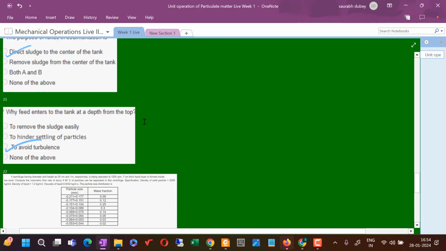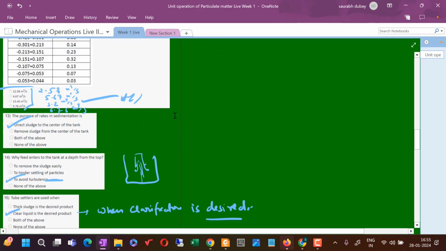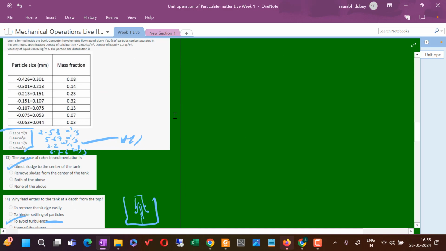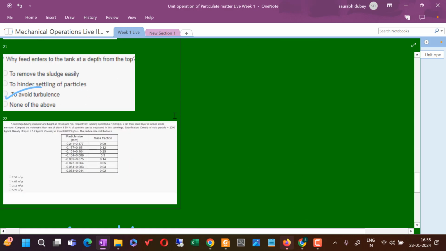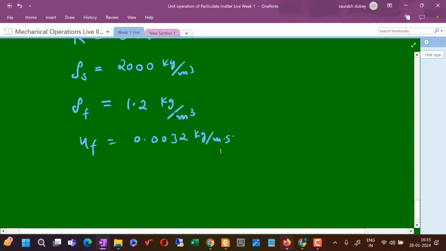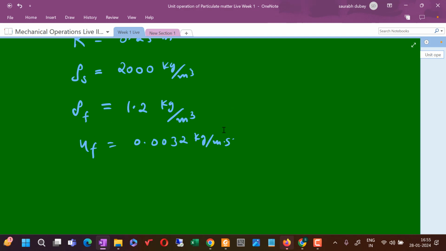If this is the case, then what is the R0 value? R0, the thing that I have already explained in the lecture: this is the centrifugation happening and this is the zone.